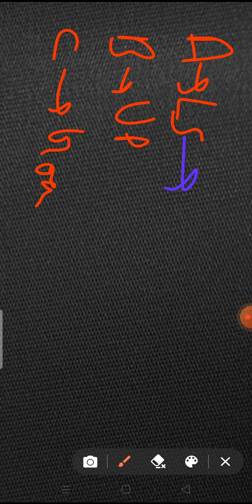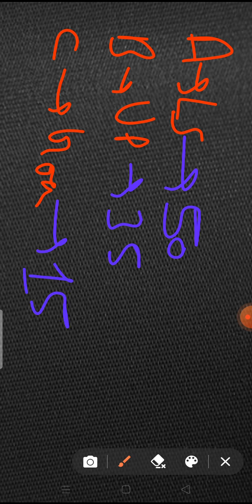Let's say its value of one vote is 50, and say 35, and the value of this particular member is 15. Why is it so?